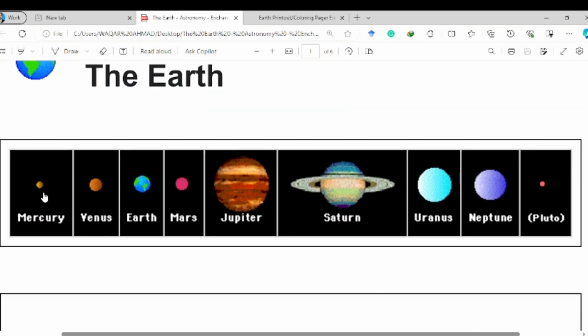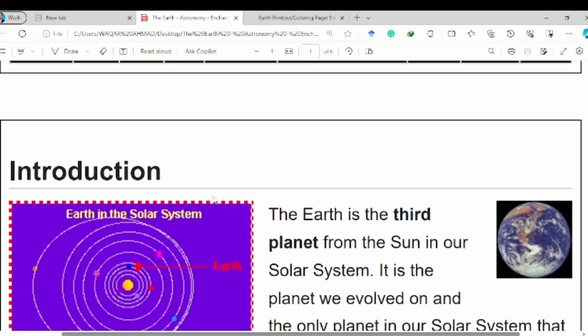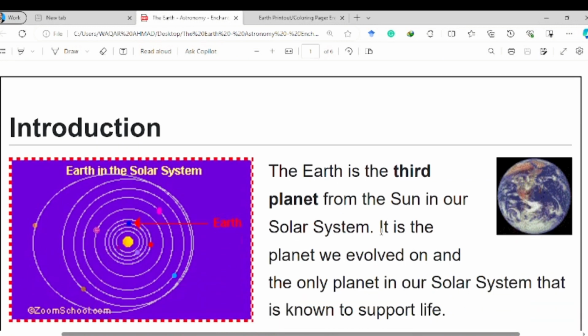So you can see here this is Mercury, Venus, and Earth. By way of introduction, the Earth is the third planet from the Sun in our solar system. That is a very basic property: it is in the third position, revolving around the Sun.